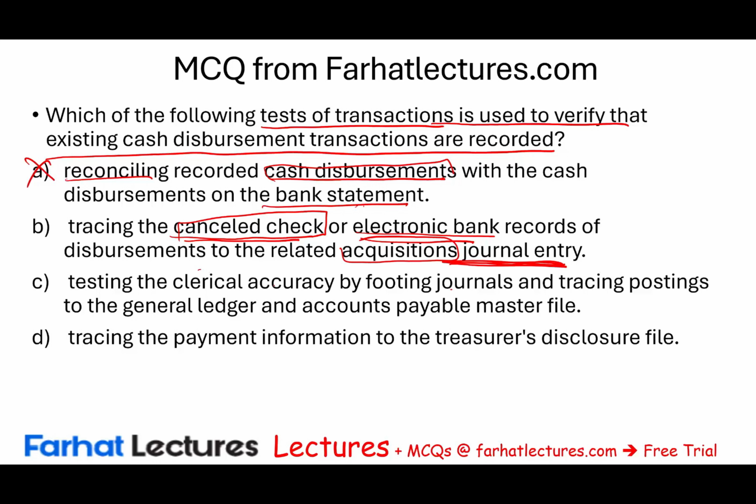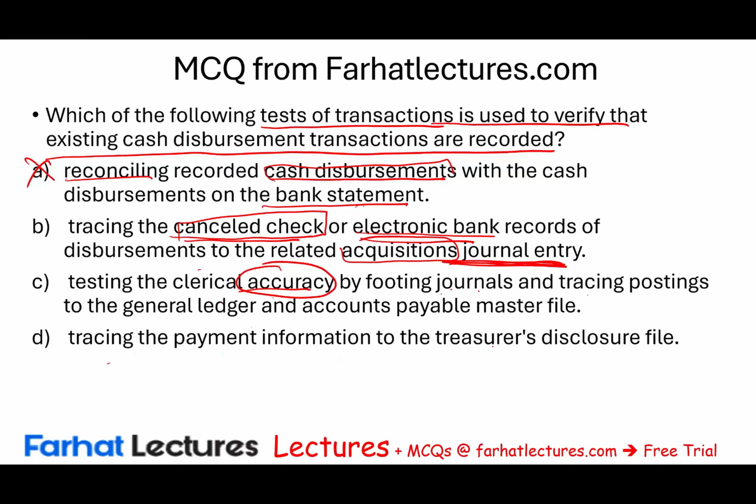C, testing the clerical accuracy by footing the journal and tracing posting to the general ledger and accounts payable master file. Yeah, we can do that, but this is looking for accuracy and making sure we are posting properly. But this is not about determining that existing cash disbursements are recorded, because clerical accuracy is basically making sure we're looking at an existing transaction, it's correct, and it's posted to the general ledger and the accounts payable master file.